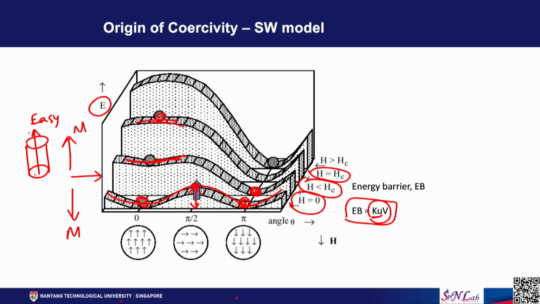Okay, so, the particle cannot exist here, it has to go to the energy minimum. So, this is where it switches from magnetization pointing up to pointing down. Okay. So, when the field is more than the coercivity, basically there is no energy minima, particle will switch. Okay. So, this is the concept of Stoner-Wohlforth reversal mechanism.